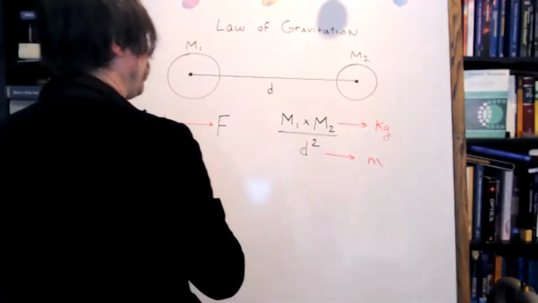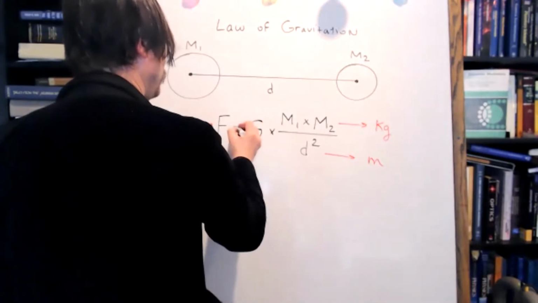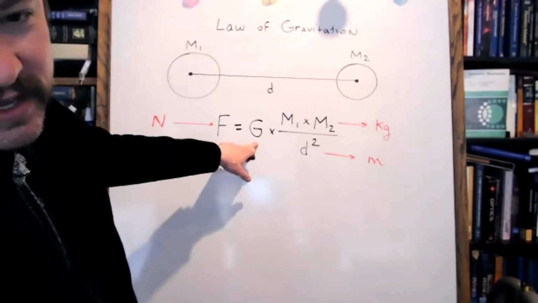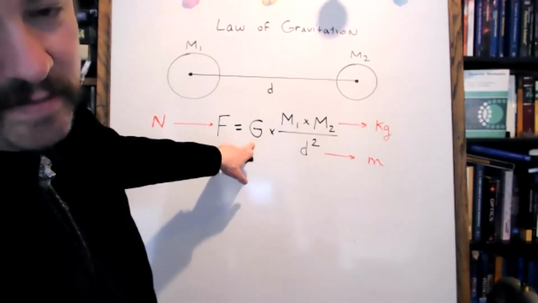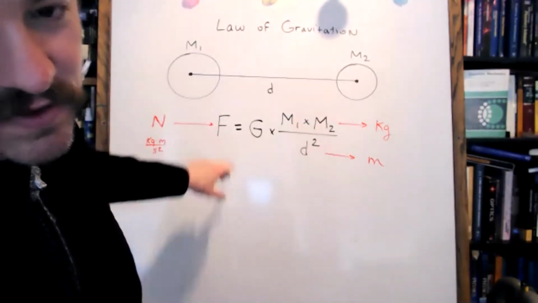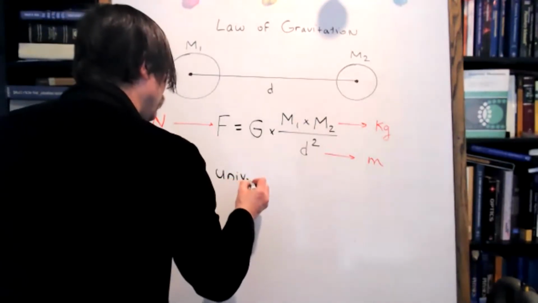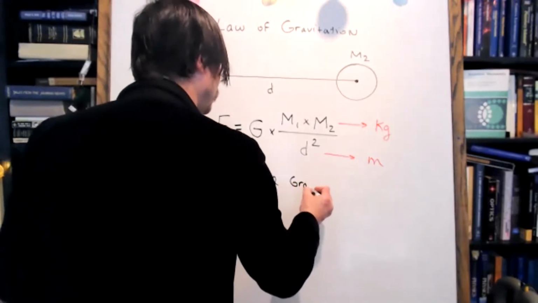And today we call it big G. I'm going to put it out in front of the equation. And if you include big G, then you can put an equal sign here, because now plugging these values in will actually give you the strength of the force. So I've introduced a constant of nature known as the universal gravitational constant.